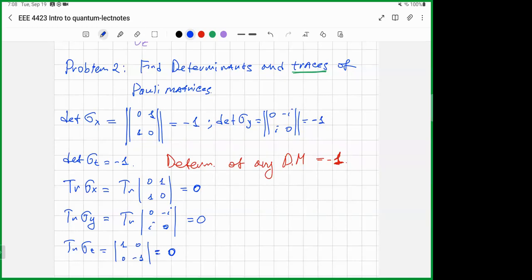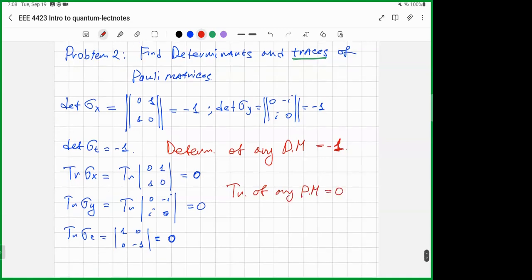So the trace of any Pauli matrix is equal to 0. This is the answer.